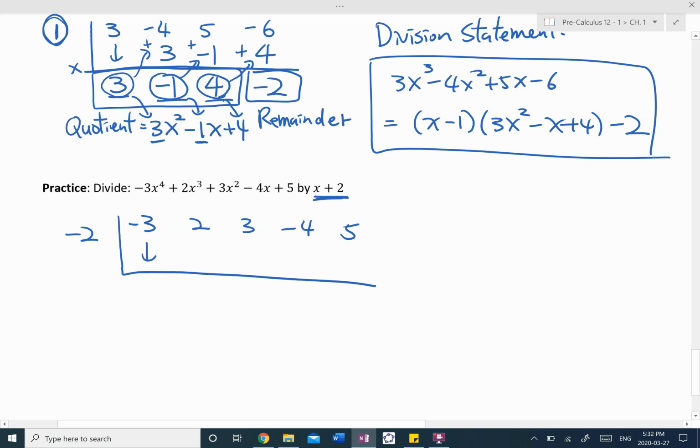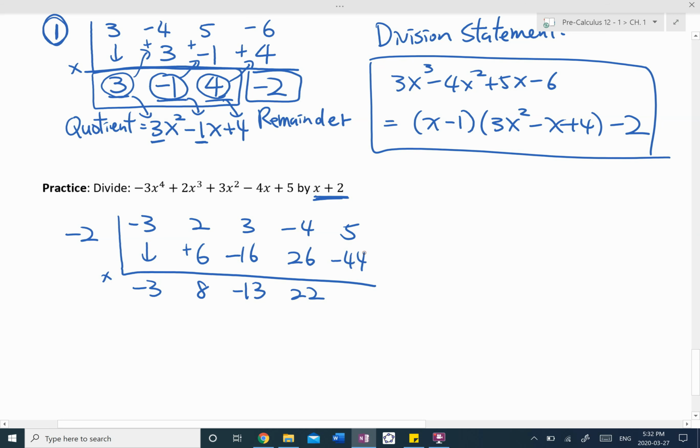Bring down -3, times -2, that's a 6. You add them together, so that's 8. Times -2, that's -16. Add them together is -13. You multiply, and it's 26. Add them together is 22. And then finally, you multiply these two together as -44.